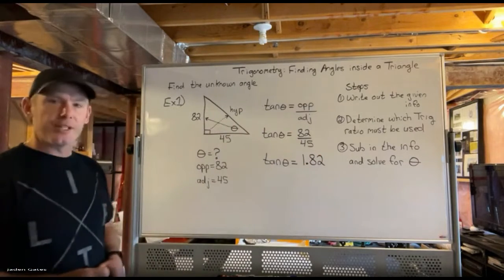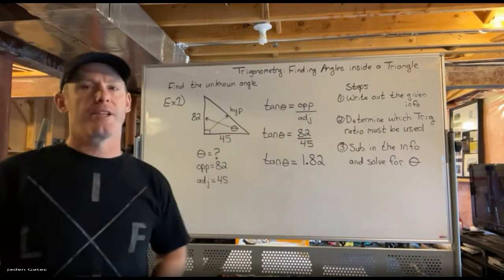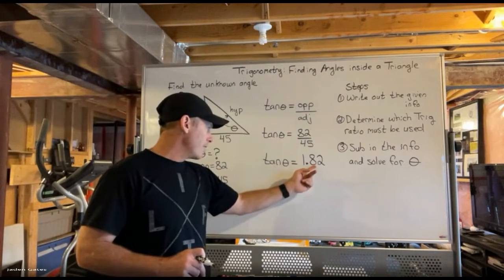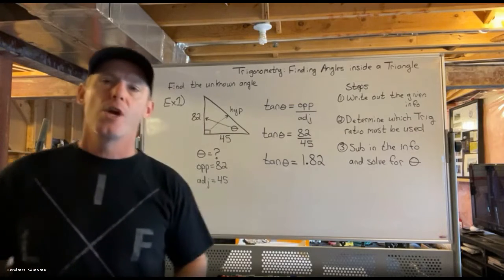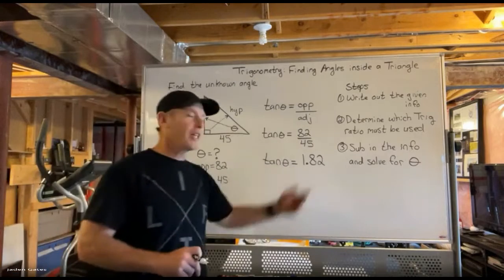Now this is where the ending is different, even though our steps are the same. I have the decimal, I want the angle. Before, when we were solving for sides, we had the angle and we got the decimal. Well, we're working in the opposite direction.